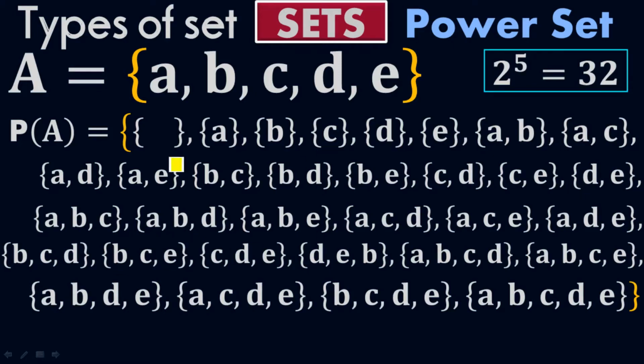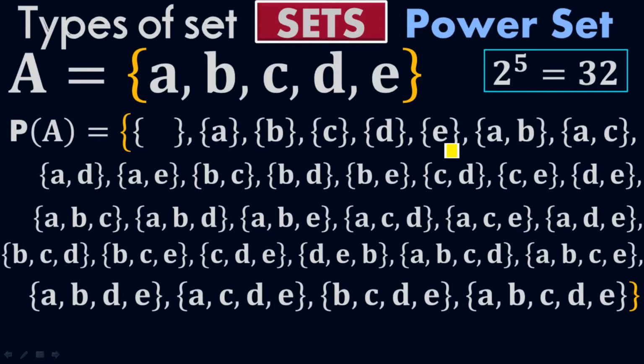As usual, first we're going to start with the empty set. The empty set is a subset of all sets. Whatever set you have, the empty set is a subset of it. First we start with the empty set and then take all the elements individually, like A, B, C, D, E.